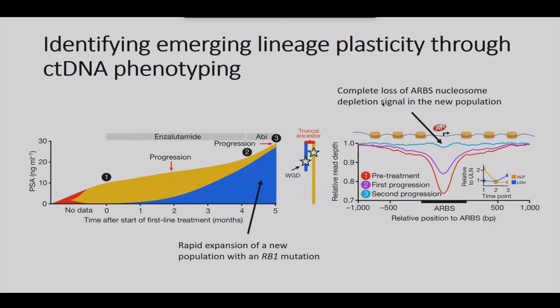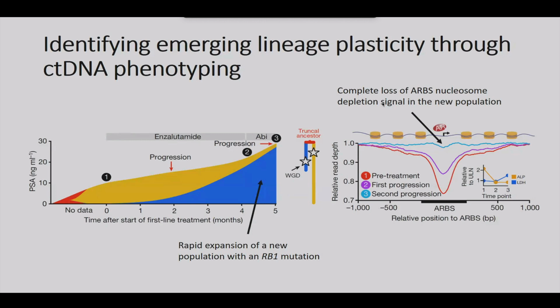And so then we looked at the nucleosome depletion signals around AR binding sites. And we found for the baseline sample, this yellow population, we saw, sorry, the pointer stopped working. The deep red curve on the right-hand side is representing massive nucleosome depletion at AR binding sites, indicating that we had really strong AR activity within this sample at baseline.